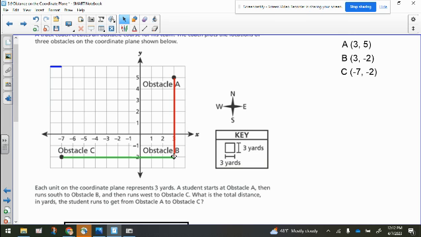All right, so let's explore the idea of just counting the units. Let's start with the red line. If we figure out how far these 2 points, points A and B, are from each other, and we just count how many units and then multiply by 3, that's an option. So we have 1, 2, 3, 4, 5, 6, 7 units apart from each other.